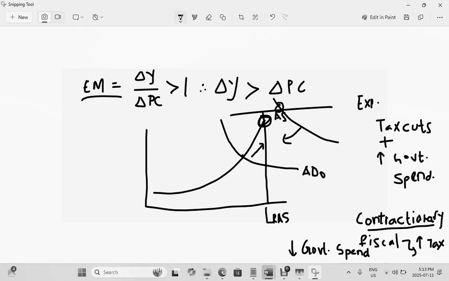So as the government reduces its spending, the aggregate demand for products and services such as cars, vehicles, auto parts, transportation in general may go down. So reduced government spending will lead to a contractionary fiscal policy, which means the economy will shrink, it will get contracted.